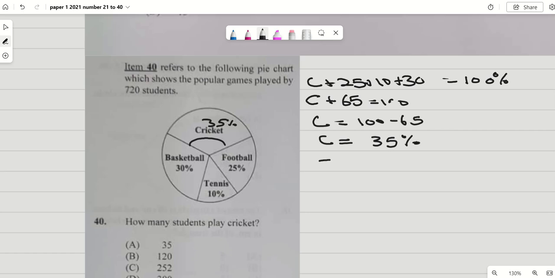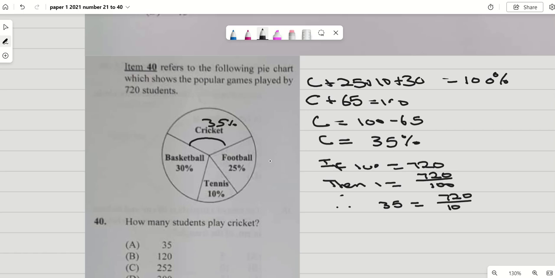If 100 is equal to 720, then 1 would be 720 divided by 100, and therefore 35% would be 720 over 100 multiplied by 35 over 1. Cross out the 0. 5 goes into 35, 7; 5 goes into 10, 2; 2 into 2, 1; 2 into 72 is 36, I believe.